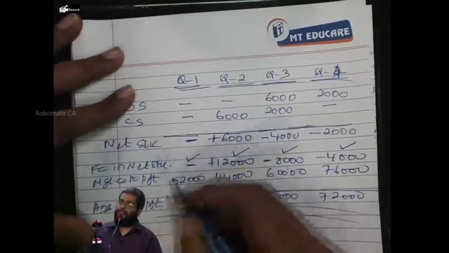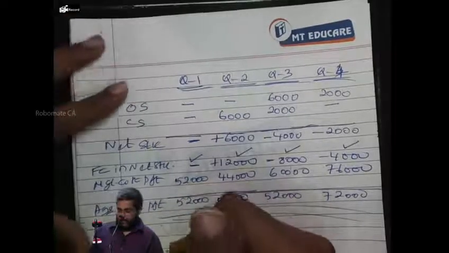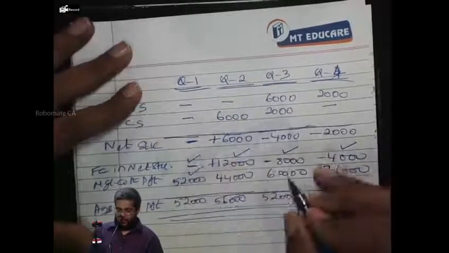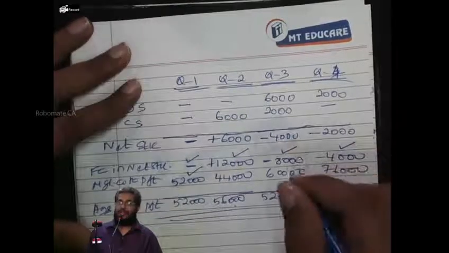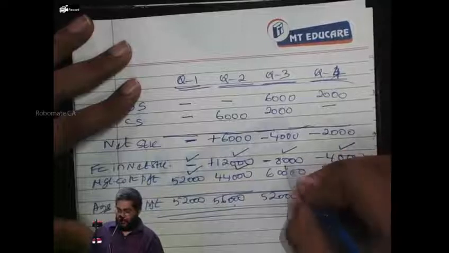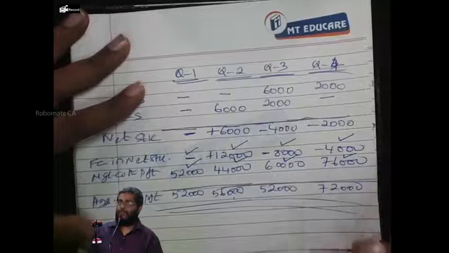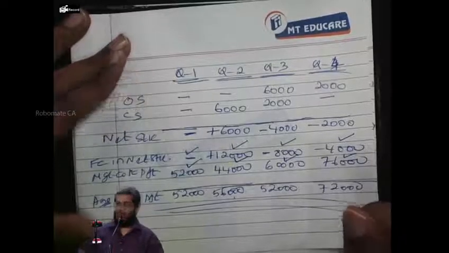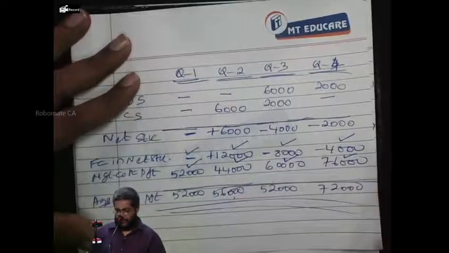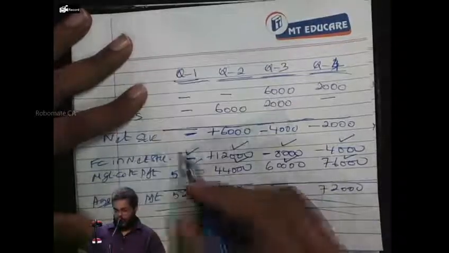Marginal costing profit: 52,000, 44,000, 60,000 and then 76,000. Absorption costing profit, you adjust it now.